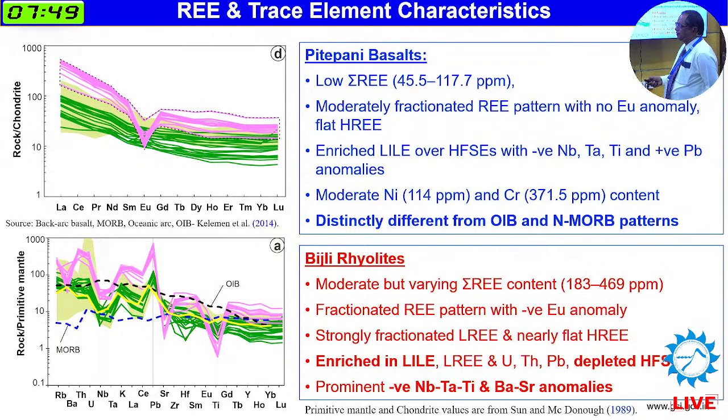Whereas the basalts have a very significant negative europium anomaly. In the multi-element primitive mantle normalized plot, we can also see that these basalts have enriched LILE over HFSE, negative niobium, tantalum, and Ti anomalies, and a positive lead anomaly. In addition, we have barium and strontium anomalies also.